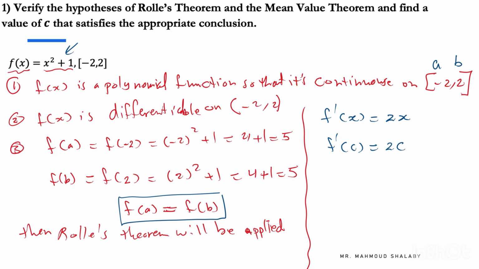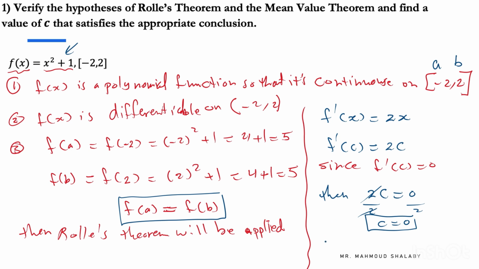Now I can use the hypothesis of Rolle's theorem: since f prime of c equals 0, then 2c equals 0. As long as f prime of c equals 2c, and I know that f prime of c equals 0, I will equate them. You get 2c equals 0, divide by 2, divide by 2, so c equals 0.